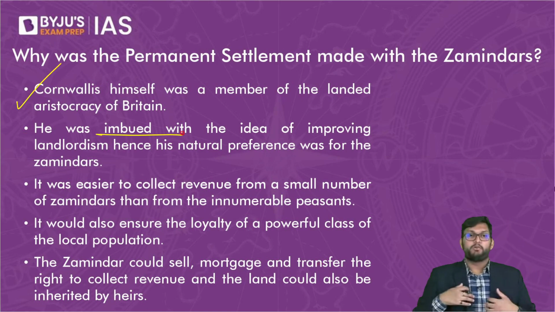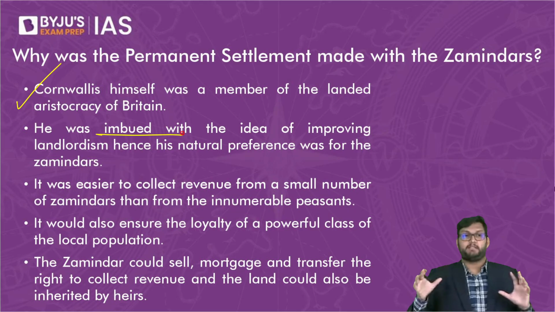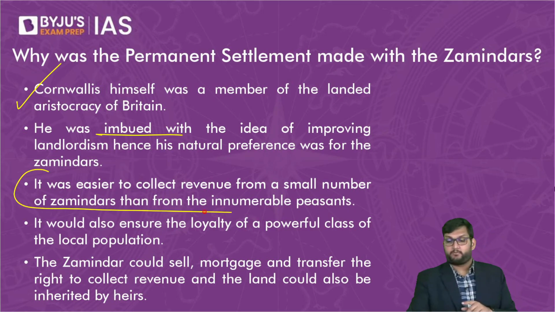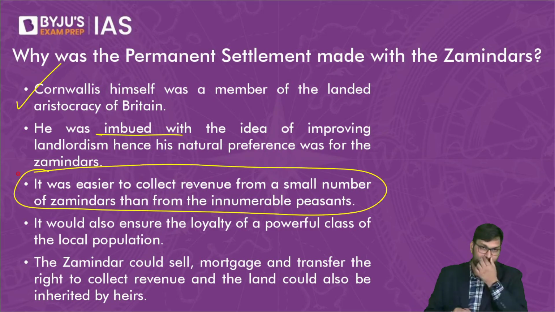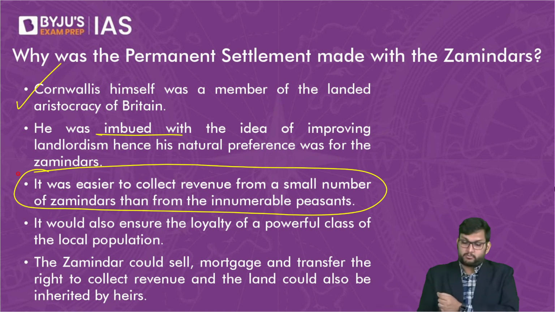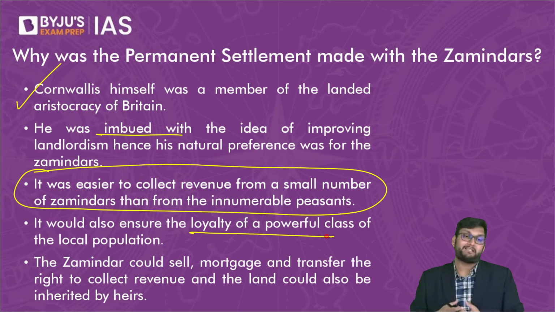He was imbued with the concept of landlordism being the real concept and preferring the landlords themselves. It was easier, now this is the most important point, it was easier to collect revenue from a smaller number of zamindars than innumerable peasants, and this would also create loyalty with the powerful class in the local population. And the zamindar could, in principle, sell, mortgage and transfer the right to collect revenue and ownership to his heirs or to his family if he can sustain in this model.